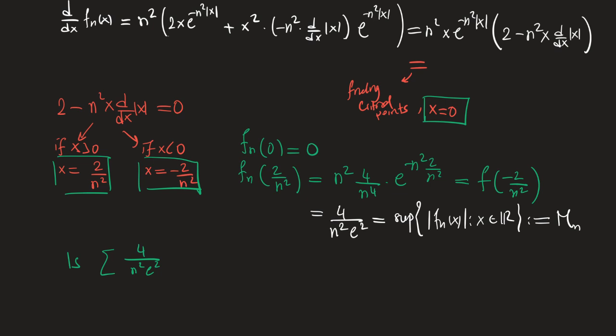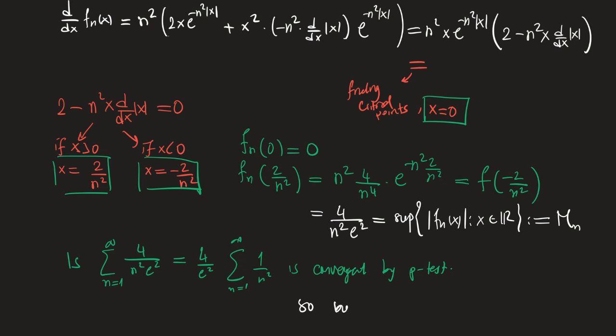How can I do it? 4 over e to the power 2 is just a constant number, and since my variable is n, 4 over e to the power 2 times the summation of 1 over n square is convergent by the p-test, right? Because the power 2 is bigger than 1, so it is convergent. And by the Weierstrass M-test, my original series is then convergent.